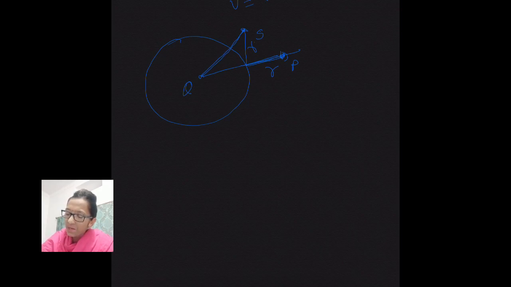V is equal to KQ upon R1 at S, and at P it will be KQ upon R2. So the denominator in case of the potential at point P is large, so the potential will be small.